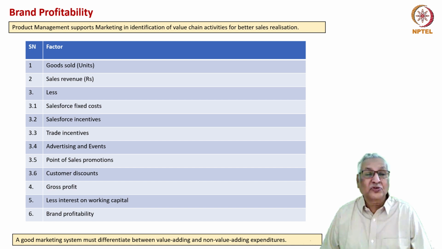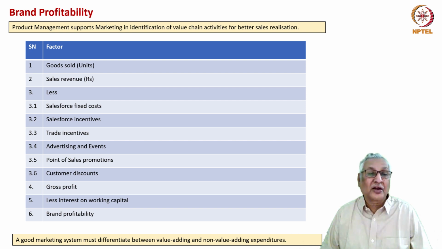These include sales force costs, which are fixed, sales force incentives, which are variable based on the number of goods sold. Then there would be incentives for distributors and retailers, called trade incentives. There would be expenditure related to advertising and events. There would be point of sale promotions in the kirana stores and in the retail chains. There would be direct discounts to customers.